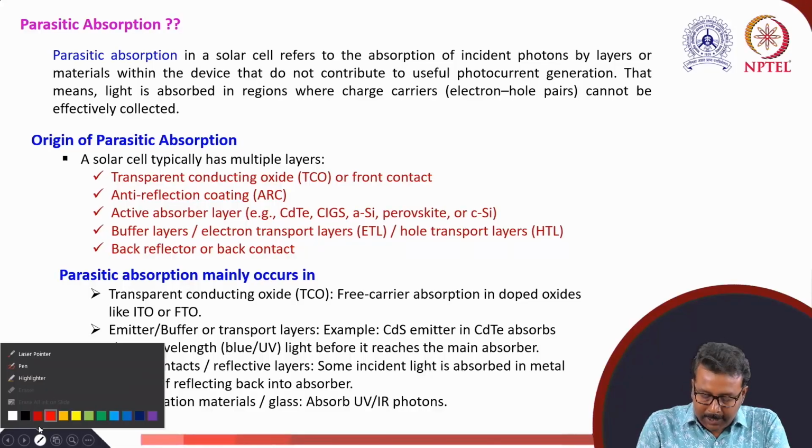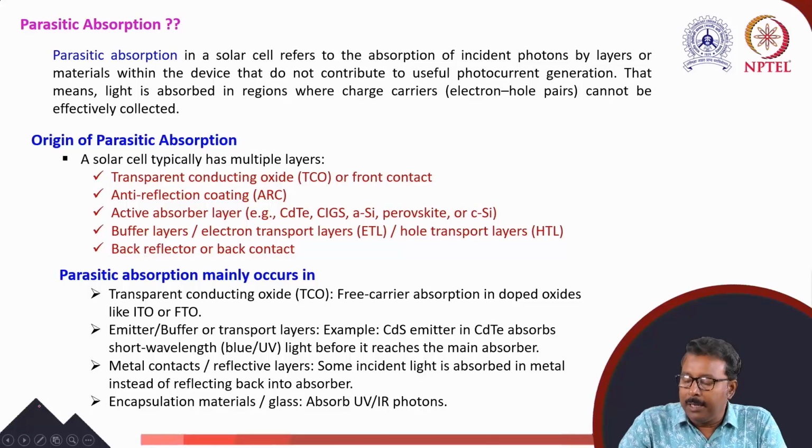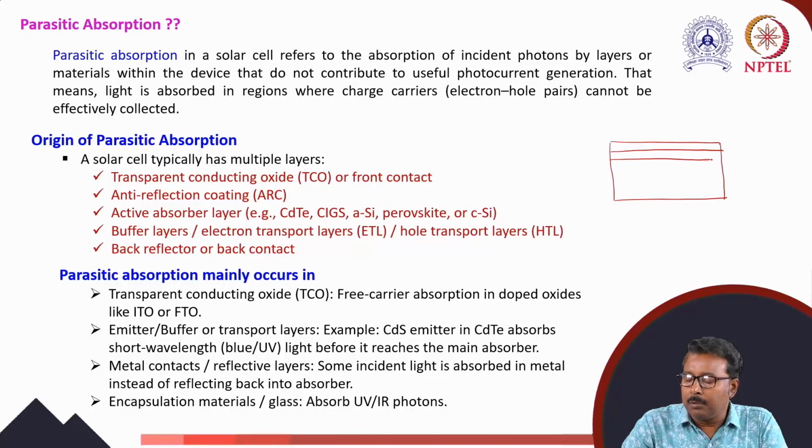So if we draw like this, suppose you have a device like this, a solar cell: anti-reflection coating, some emitter, then absorber. So when light is incident, low wavelength light will be absorbed near the surface after incidence, and longer wavelength light, due to its long wavelength, may reach the bottom.